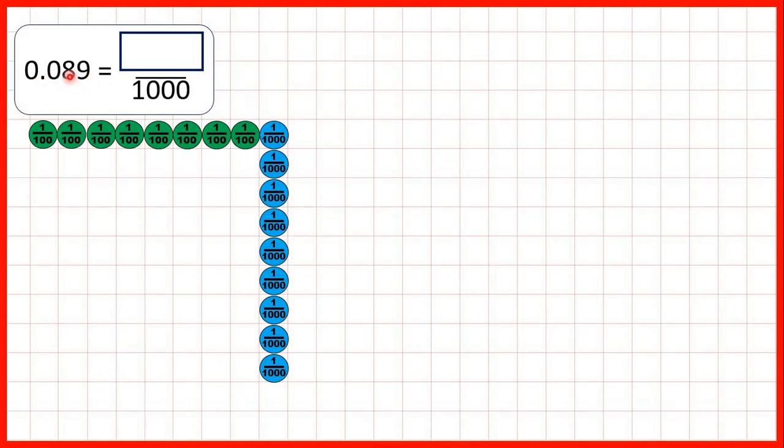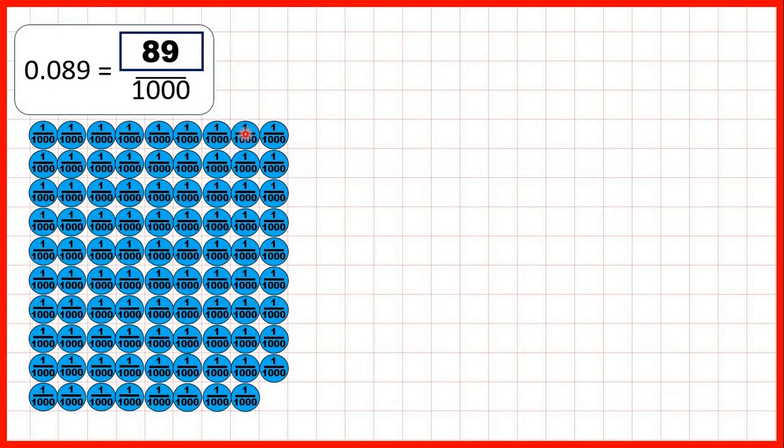The 8 is in our hundredths place, so we can show 8 hundredths place value counters, and the 9 is in our thousandths, so we can show 9 thousandths place value counters. But remember, we can exchange one of our hundredths for 10 thousandths, and if we do that to all of our hundredths, that gives us 89 thousandths altogether.